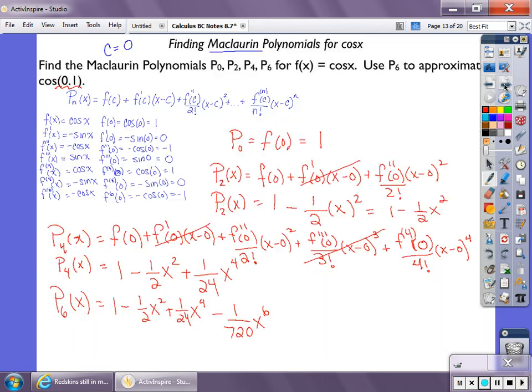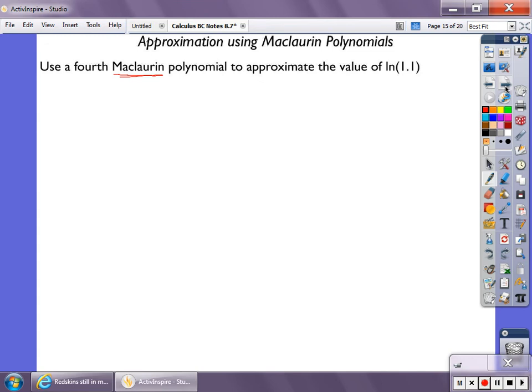So if we use the Maclaurin polynomial for natural log of x, that's centered at x equals 0, this is not going to be a good approximation. So what we're going to do is actually look at f of x equals the natural log of x plus 1, okay, and then we're going to substitute 0.1 for x, and that's going to be much, much closer for us.